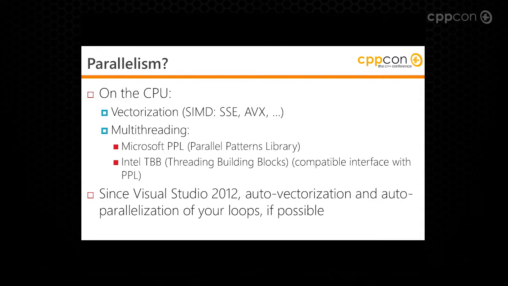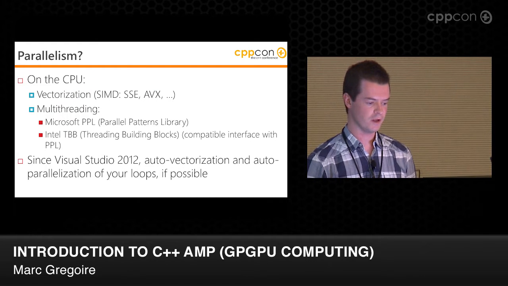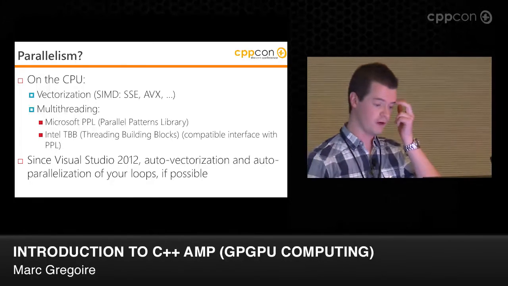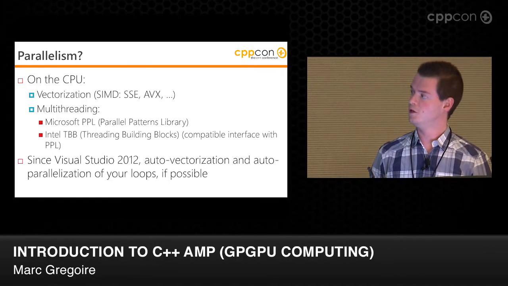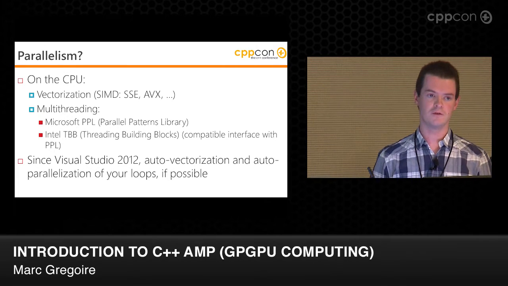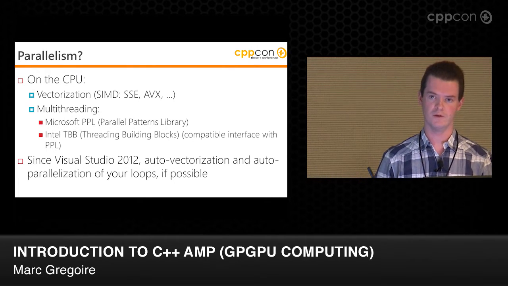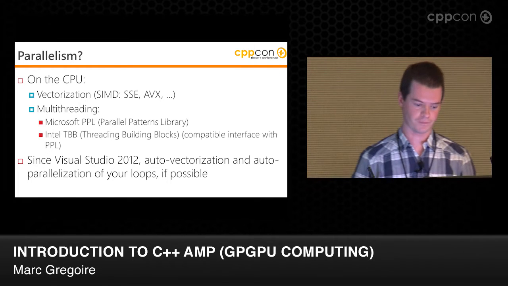And in fact, if you use Visual Studio 2012, there is an auto-vectorizer and an auto-parallelizer built in. The auto-vectorizer is enabled by default; the auto-parallelizer you have to switch on. Of course, this is a very hard problem for compilers, so there are a lot of restrictions on your loops before the compiler will vectorize or parallelize them.